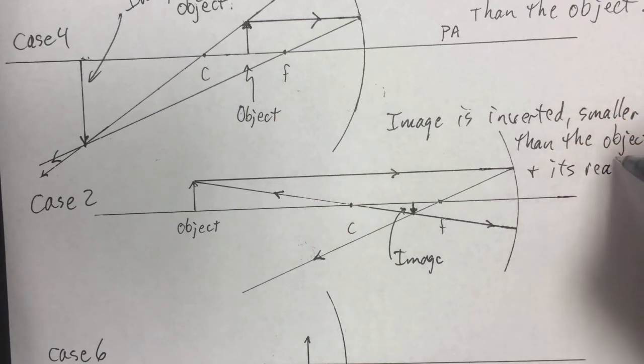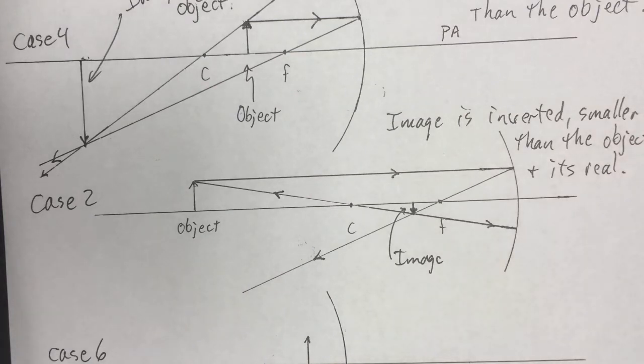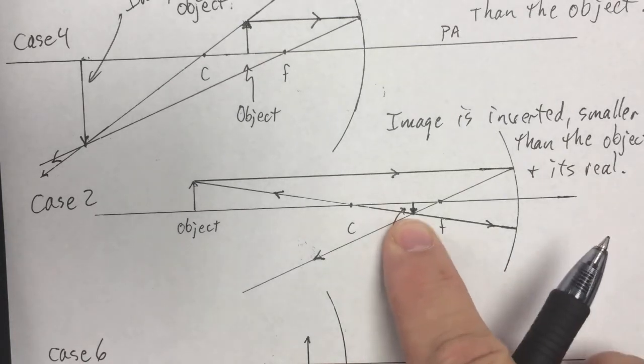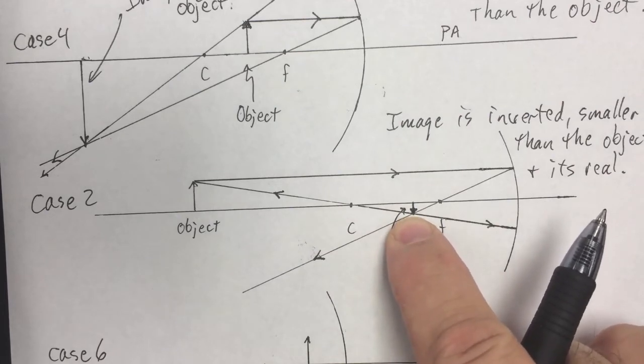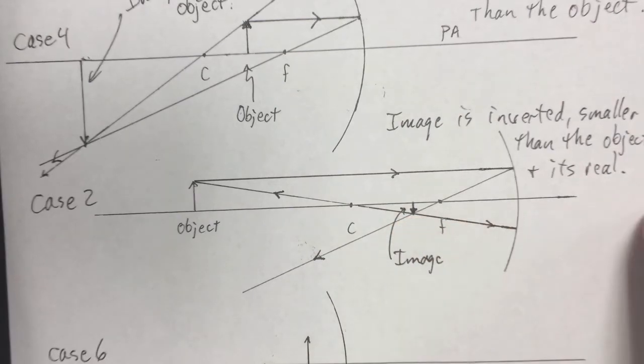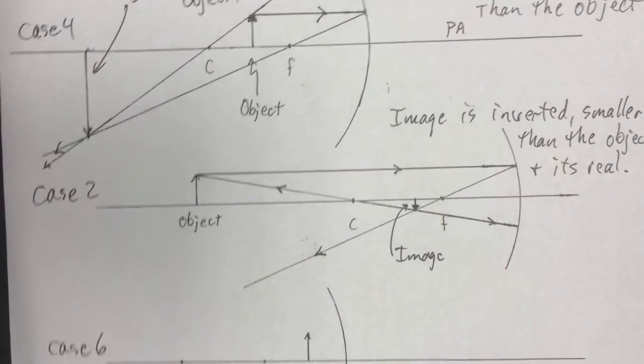It's made by real light rays. So this is one in class where we were looking at the big curved mirror, and people said that their eyes hurt or their brain hurt, and that's because you see it out in front, but your brain says it's smaller, so it should look like it's further away, and it really isn't. All right, that's case 2.